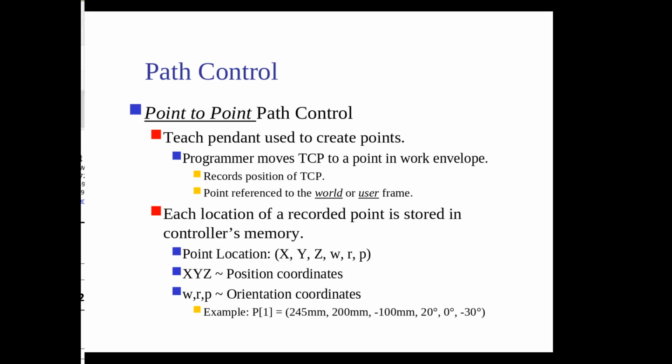Remember, technically these are all based on that tool center point. So we first have to teach the robot where the center point of the attached tool is at. And then all these points are based on that tool frame or reference frame.